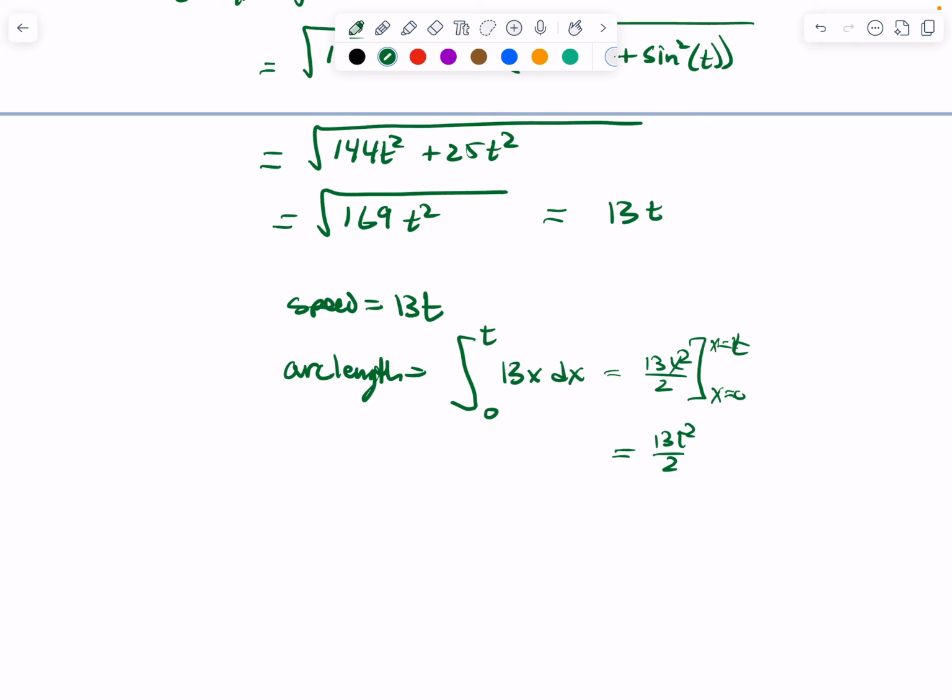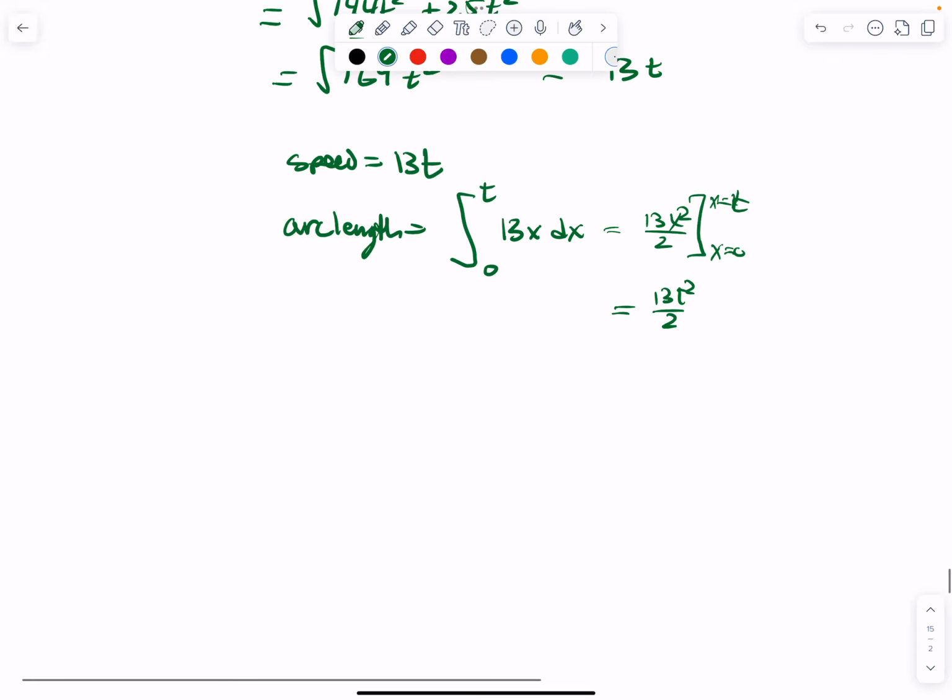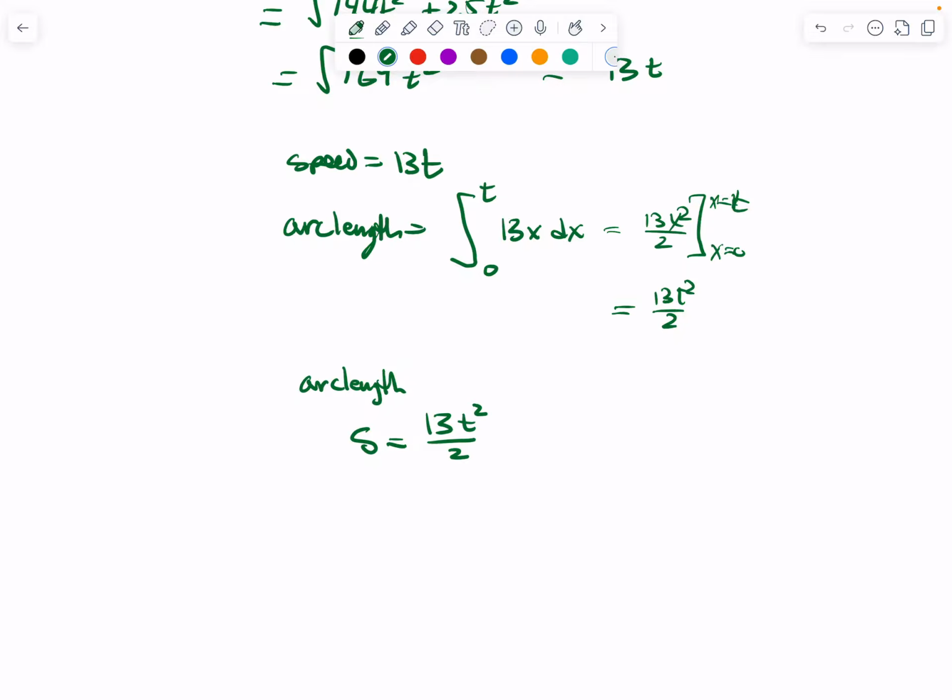So it's technically the arc length from 0 to t. Now, arc length, S, is used for arc length. So S is 13t squared over 2. What that means is that if you travel for 1 second, you have traveled 13 halves units.